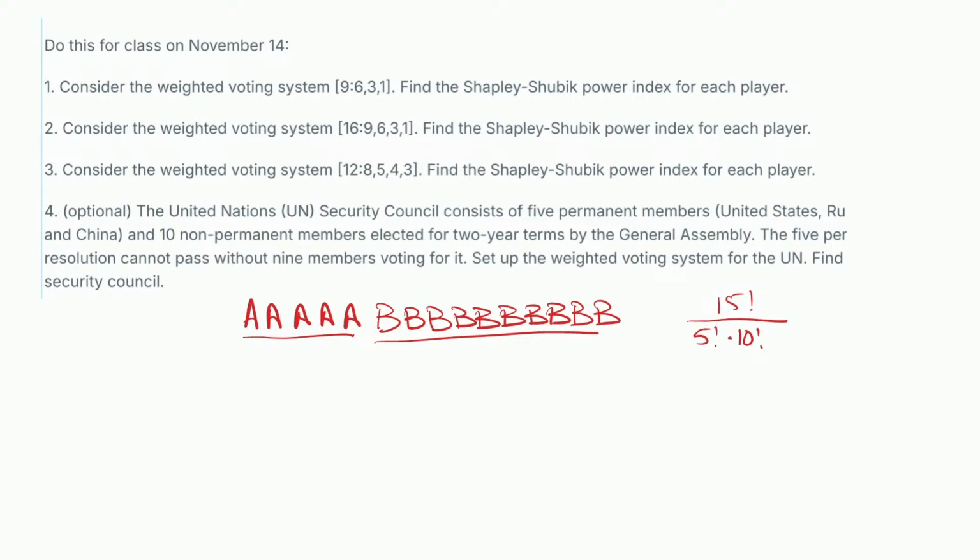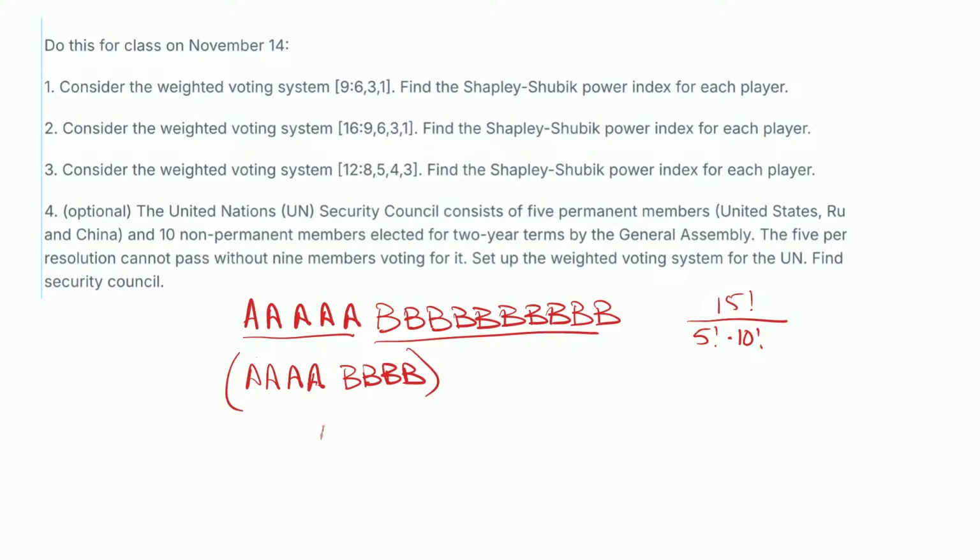So essentially what we want to know is how many permutations there will be. Here we go. We have 4 A's, 4 B's. So these people vote before the final A, and then the final A will be pivotal.